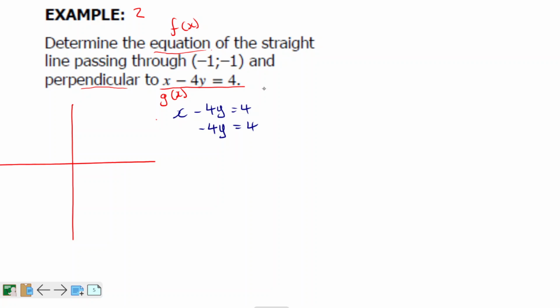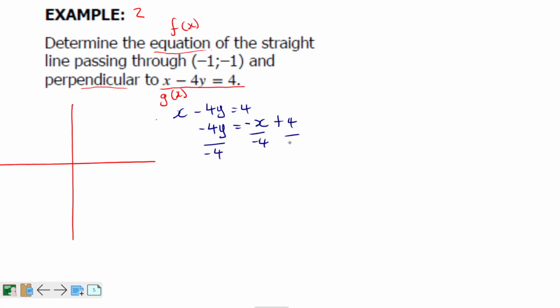Let me take that x to the right. So it's going to be negative x. Let's start with the x. So I have x to the right is going to be a negative x, and then I'm going to leave this 4. Now I want to get rid of this negative 4 to have only y on the left, so I have to divide everything by negative 4.